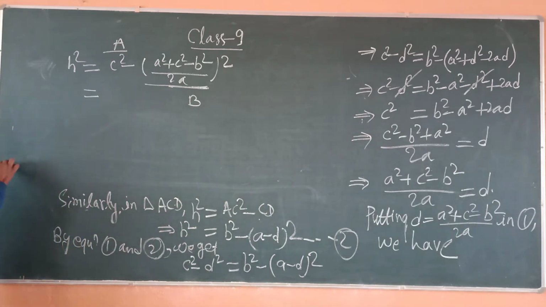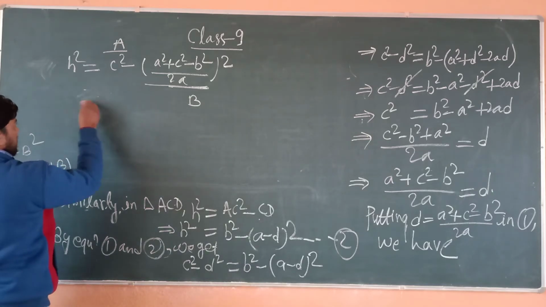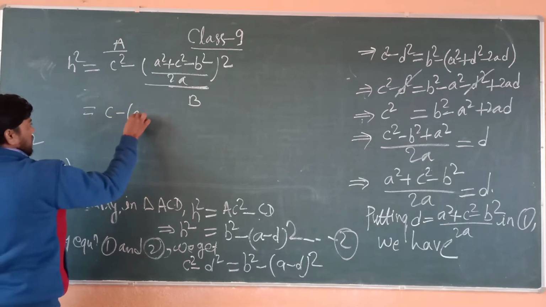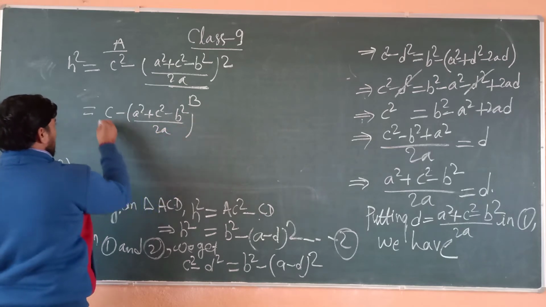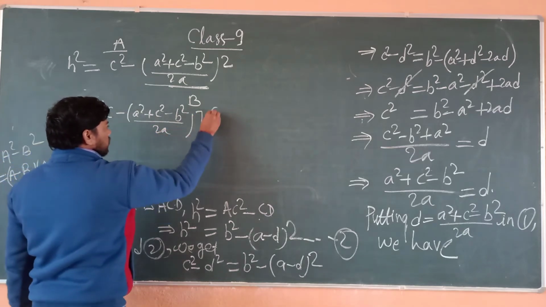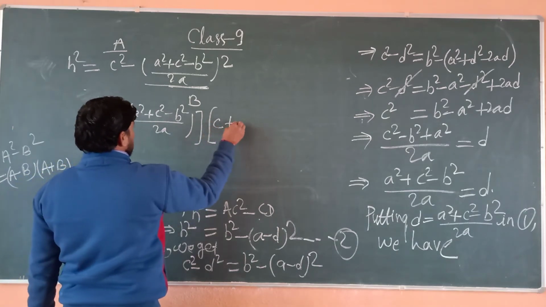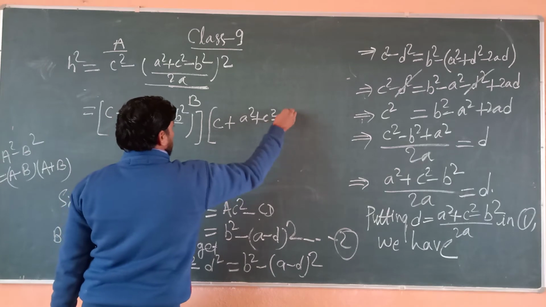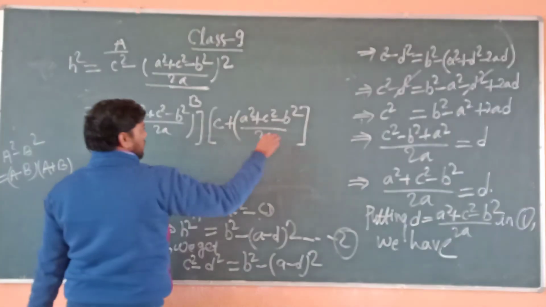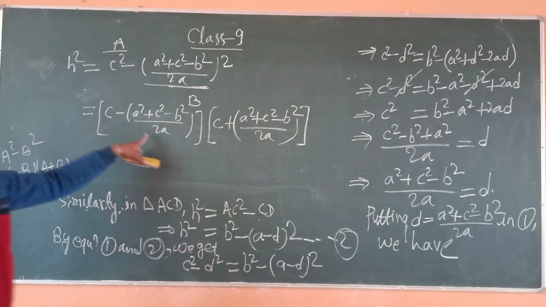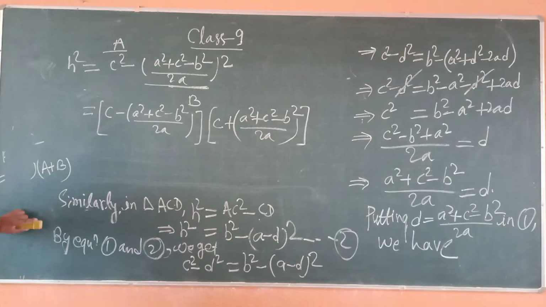We know already a square minus b square is equal to (a minus b) into (a plus b). So c minus (a square plus c square minus b square) upon 2a, into c plus (a square plus c square minus b square) upon 2a.